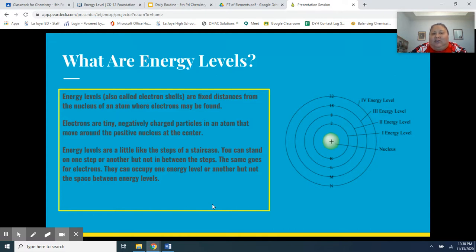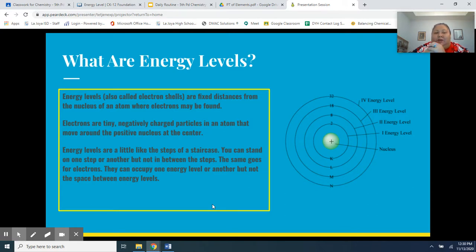Energy levels are fixed distances from the nucleus of an atom where electrons may be found. So each energy level has a specific distance that separates it from the nucleus. And then the second energy level will be another certain distance, and so on and so on.